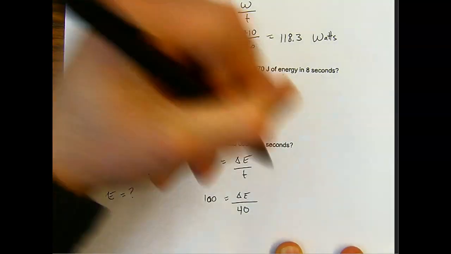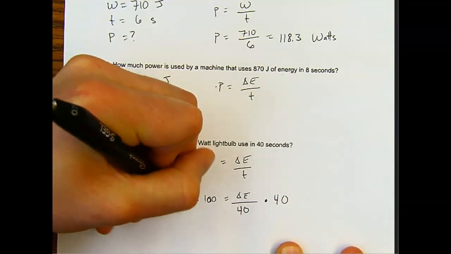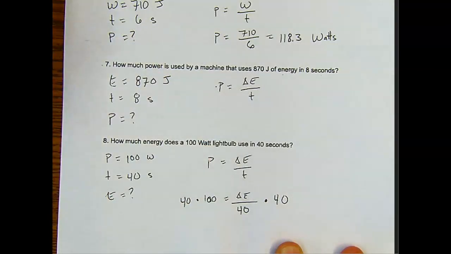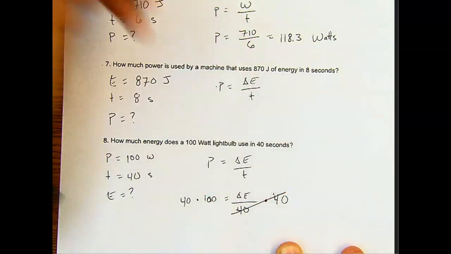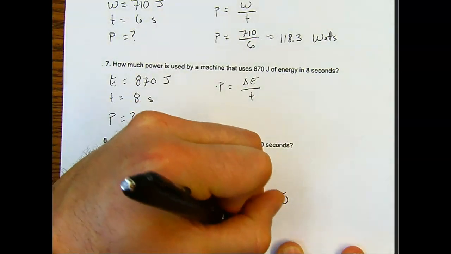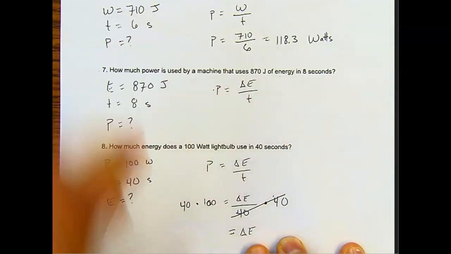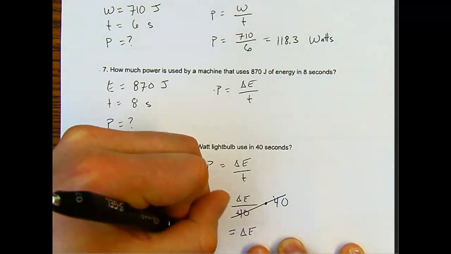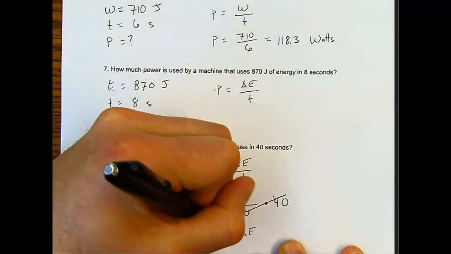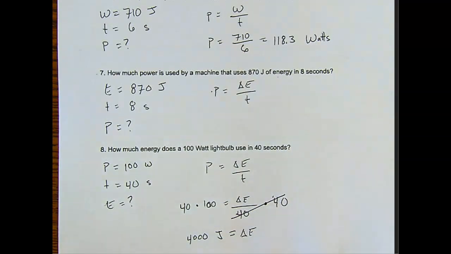So we multiply both sides by 40. Multiplying by 40 and dividing by 40 cancel out, and now all we're left with on this side is the energy. Energy is going to be equal to 40 times 100, which is 4,000. Remember the units for energy is joules, so we write a J for joules. All right, let's do one more.